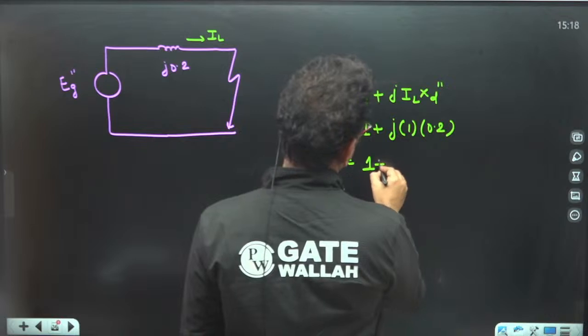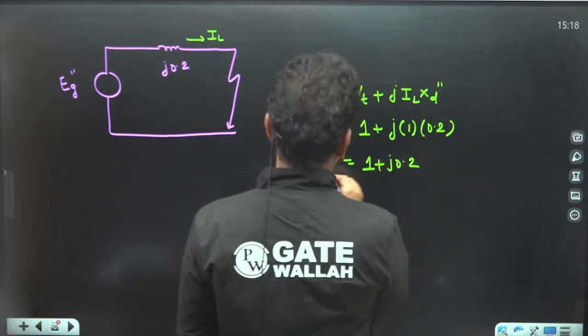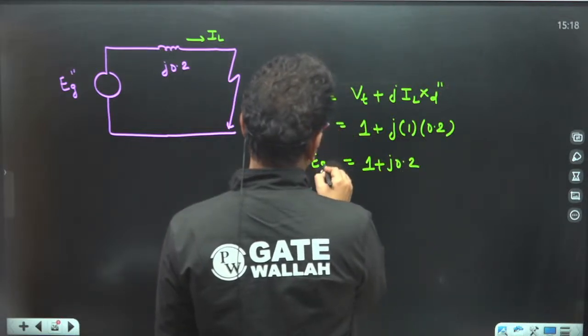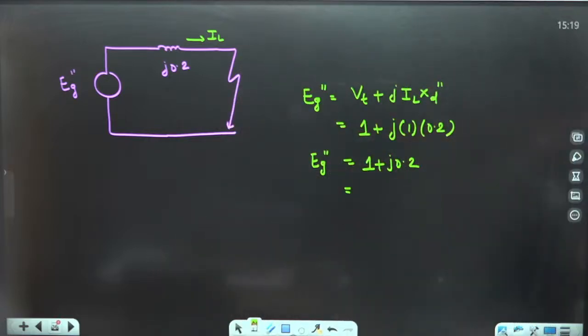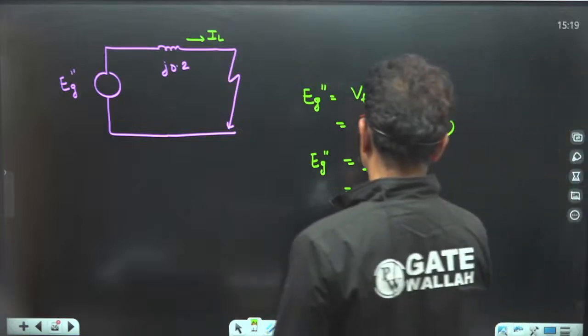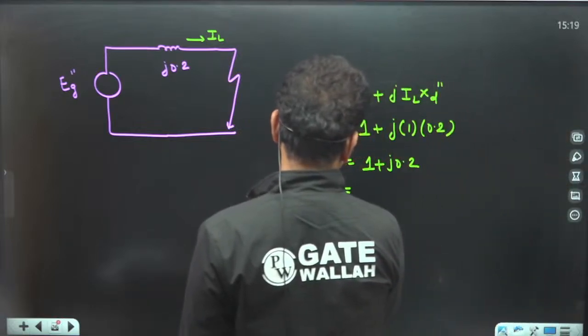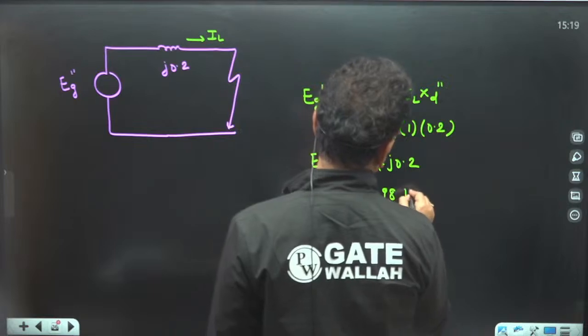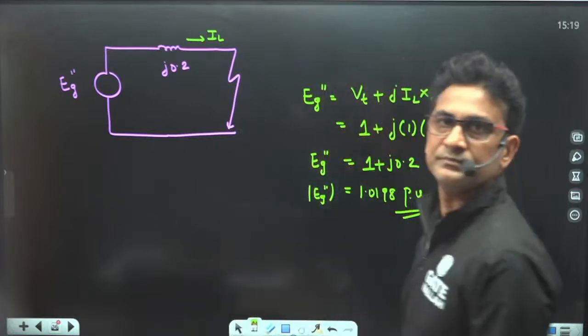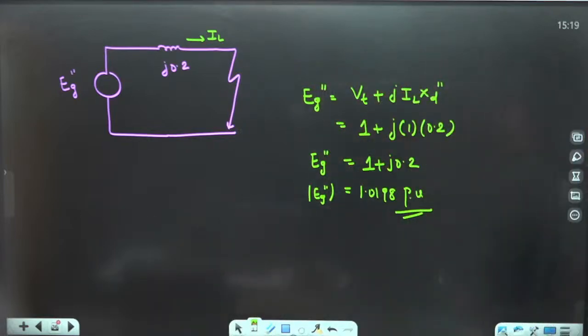So 1 plus j0.2 is EG double dot. Its magnitude becomes 1.0198 pu. Clear?